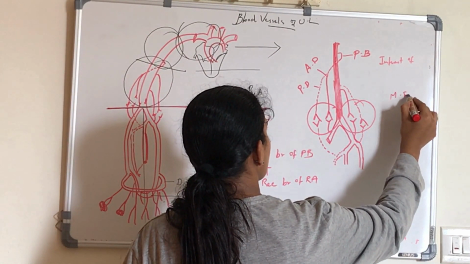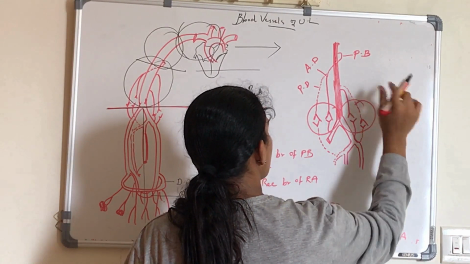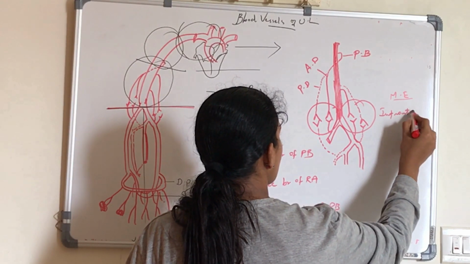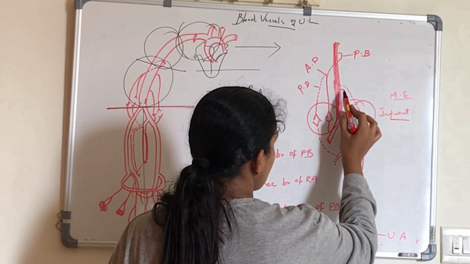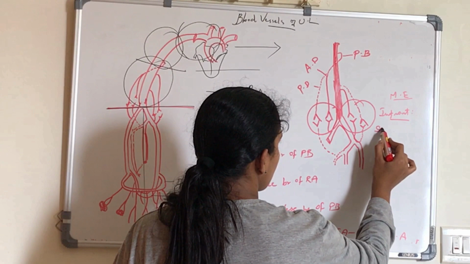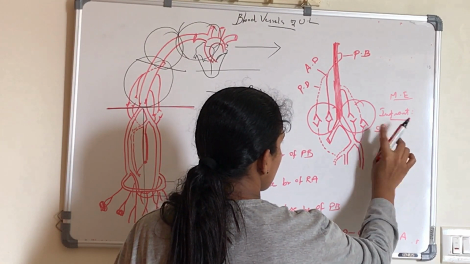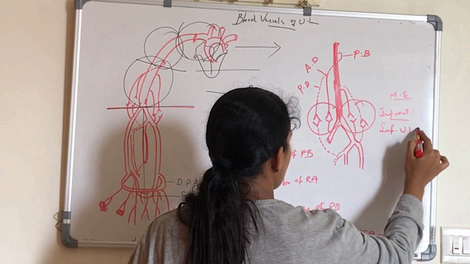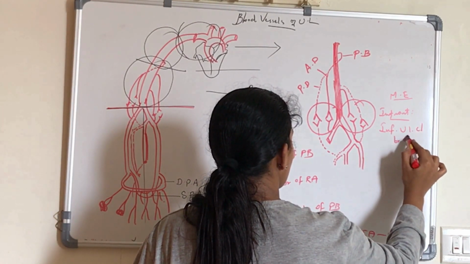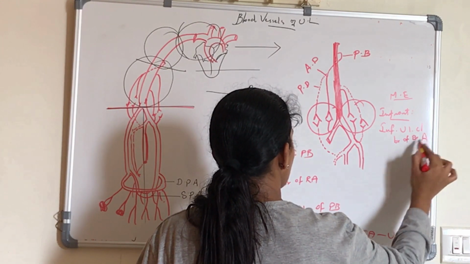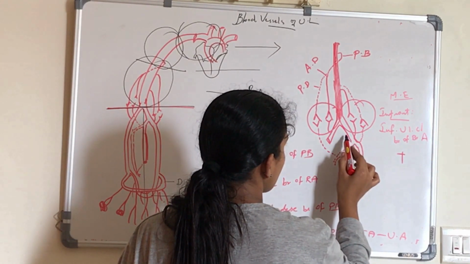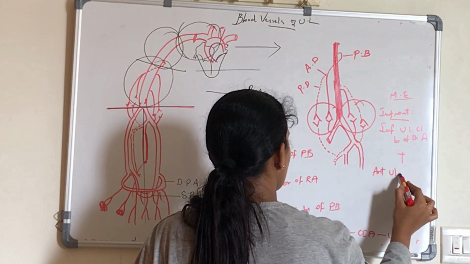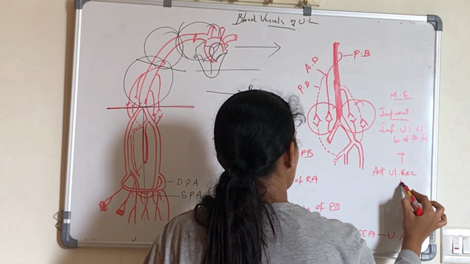On the medial side, in front of the medial epicondyle, we have the inferior ulnar collateral from the brachial artery, which anastomoses with the anterior recurrent branch from the ulnar artery.